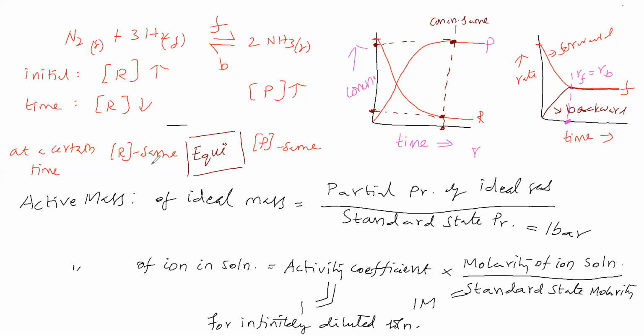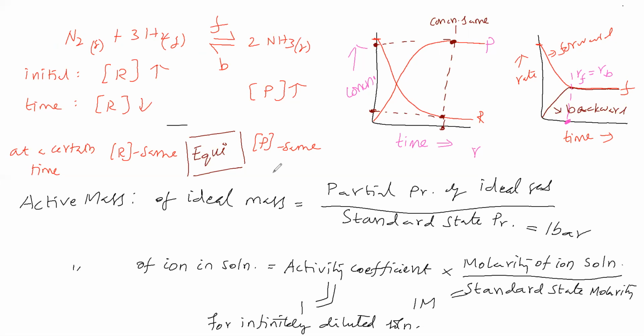But at equilibrium, rate of forward and rate of backward must be equal, though concentrations need not be equal. Understand it: at equilibrium, we should not consider concentration of reactant and concentration of product equal. We have to say we do not know; we have to see the experiment, then only can we say.